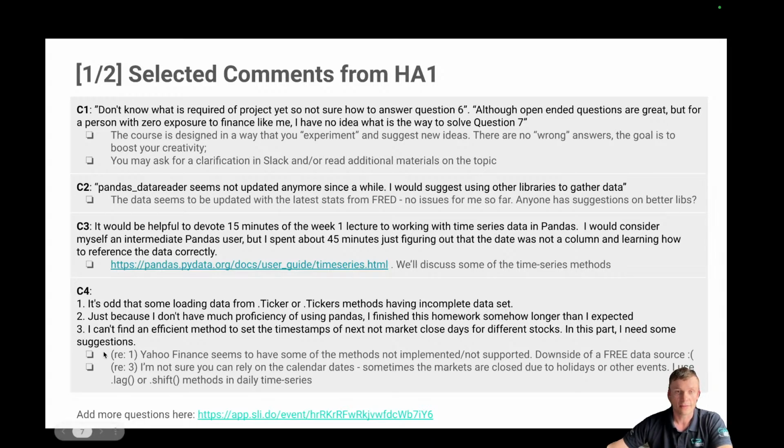Sometimes not all methods are implemented, and you have to live with this, find the alternatives, or buy some paid data if it's not too expensive. With the timestamps, I'm not a power user here as well. So my recommendation would be, don't rely on the exact dates, but use shift functions back or forward for some number of days, and calculate relative metrics using these shift functions.